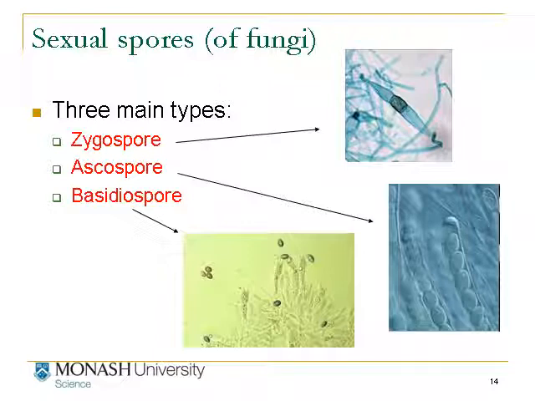Generally, there are 4 or 8 ascospores in an ascus, shown in the second picture below the zygospore. And the third type is the basidiospore, which is produced on top of a basidium, a club-shaped basidium. Generally there are 4 basidiospores for every basidium.